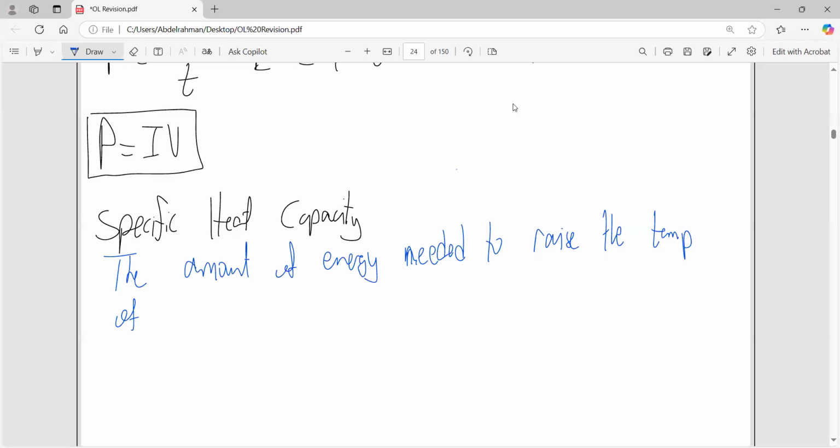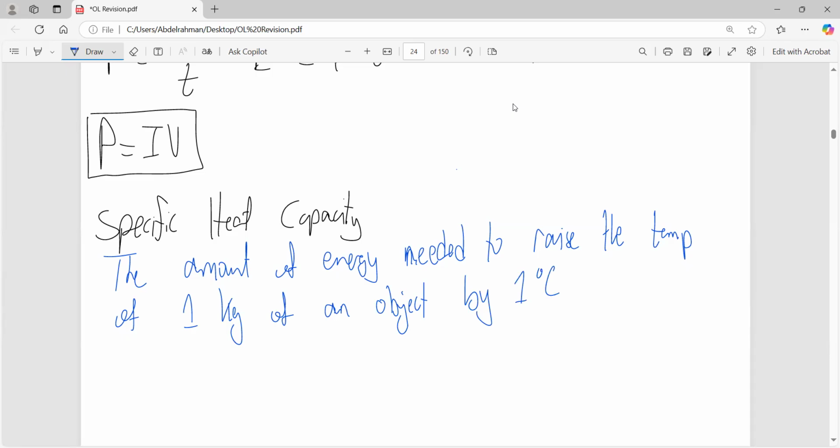Not just an object, you have to be very specific: the temperature of 1 kilogram of an object by 1 degree Celsius or Kelvin. Why? Because a change of 1 degree Celsius is equal to a change of 1 kelvin.